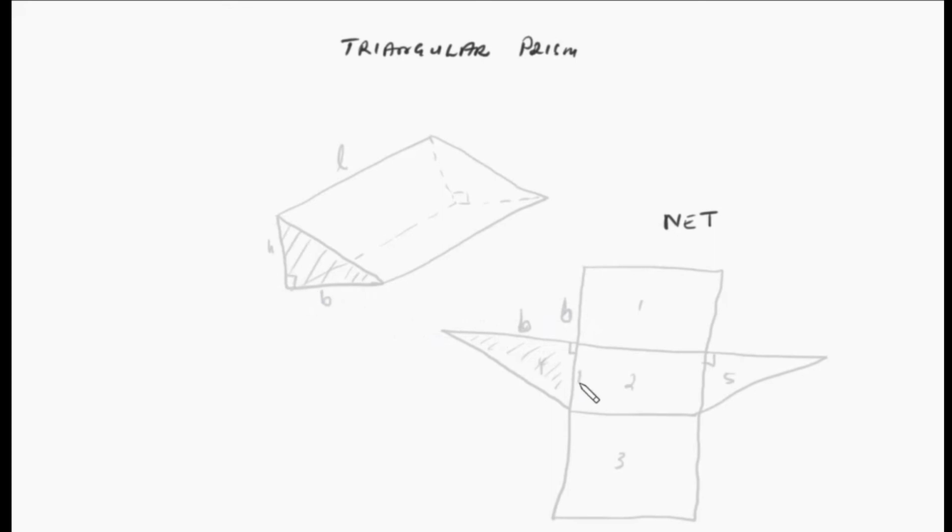So this would be the height here, and this is the base. So now this one would be the lengths, and this side and this one correspond. This one is equal to this one. They have not been labeled here, so we leave them as they are. Now, this is basically the triangular prism and its net.